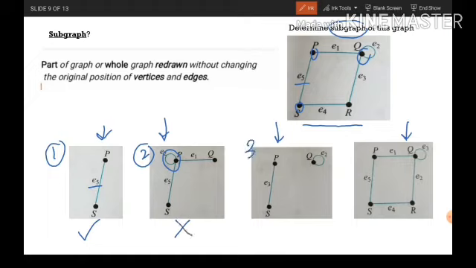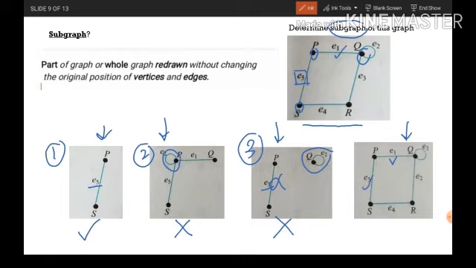Next, diagram 3. P to S connected with E3. Is it right? No, because the line that connected P and S is E5. So this is not a subgraph, even though the loops on Q is E2, but this is wrong. Next one, the last one. This is E1, right?